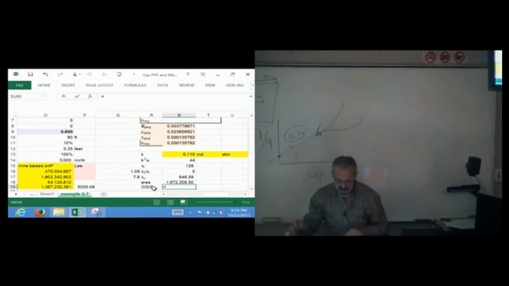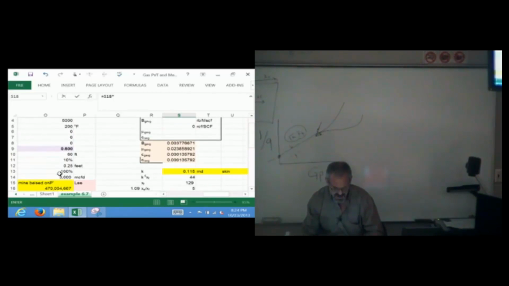No, because I'm already in square feet. Times SG times phi times H divided by B sub G.